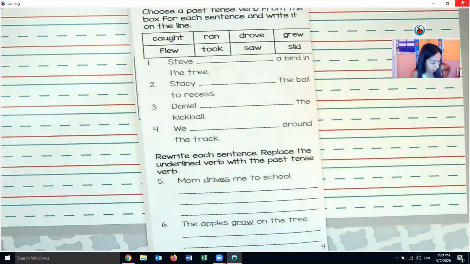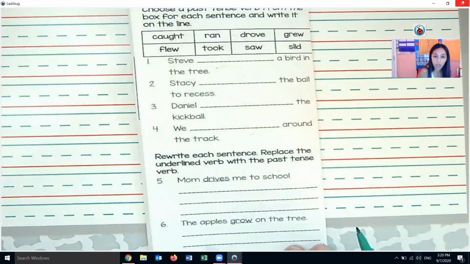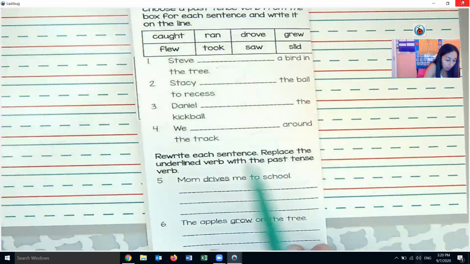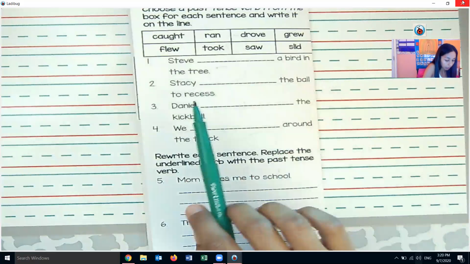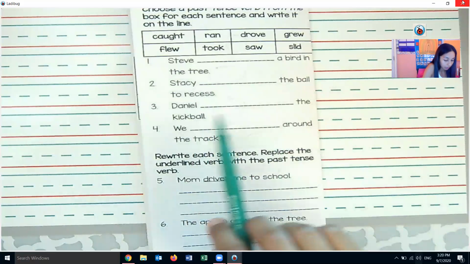So I think some of these are going to seem like they fit in places where maybe they will fit better in others. So I'll be on the lookout for that. So Steve something a bird in the tree. Stacy ___ the ball to recess. Daniel ___ the kickball.